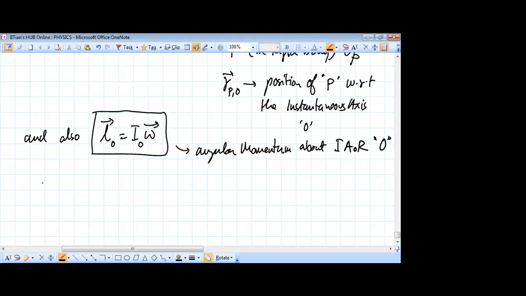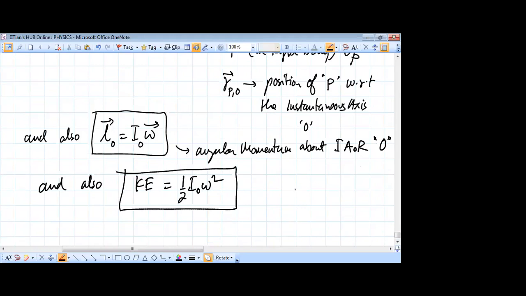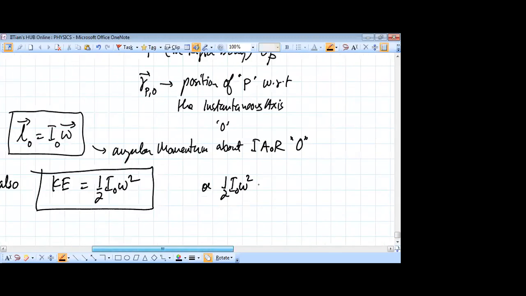And also the total kinetic energy of the rigid body will be half IO omega square, or half IO omega square will be the same thing as half mVcm square plus half ICM into omega square.